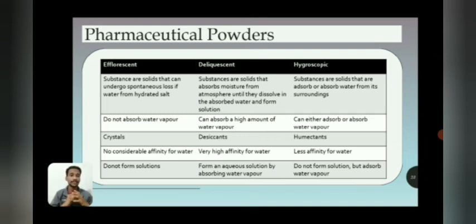Second, efflorescent powder is in crystalline form, deliquescent powder is in desiccant form and hygroscopic powder is in humectant form. Efflorescent powder has no affinity with water, so it does not form a solution. Deliquescent powders have very high affinity with water, so they form a solution easily. Hygroscopic powders do not form a solution, but they absorb water vapor on their surface.